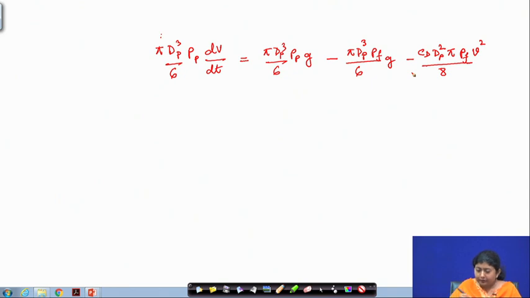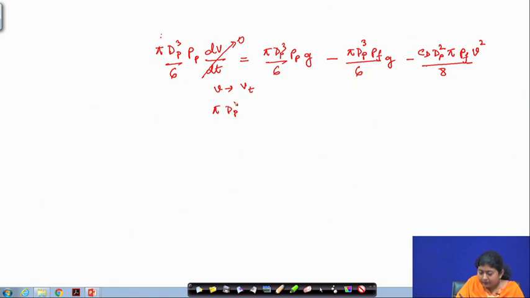In the case of equilibrium, dv by dt tends to 0 since the ball comes with a constant velocity, so v will be v terminal.